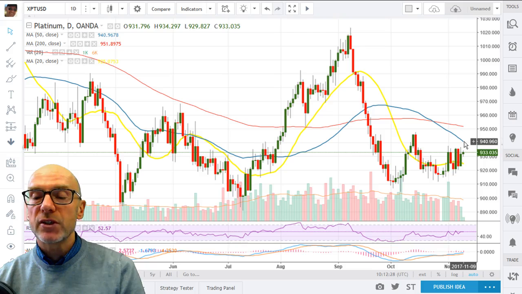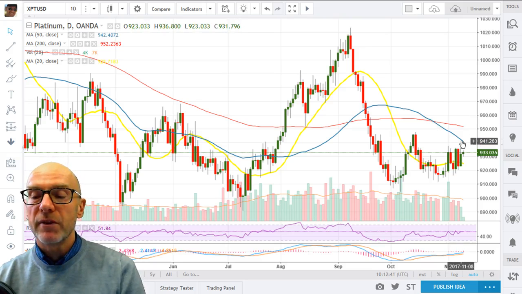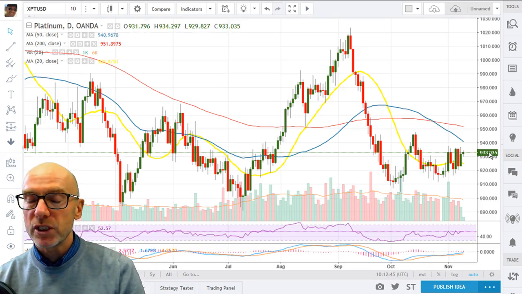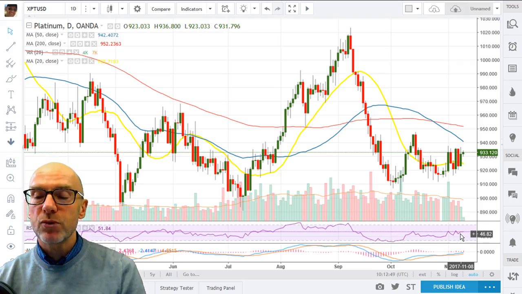On the upside, you can see that the 50, the blue line, has crossed the red line, which is the 200-day moving average, in a bearish formation, which bodes badly for the medium term. And the 50 would be the first resistance level, and that's 940.97. Momentum, however, has improved.